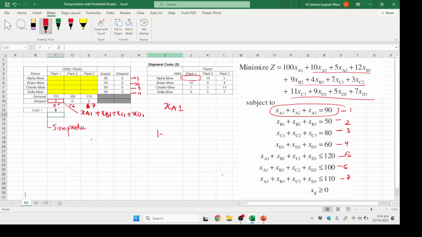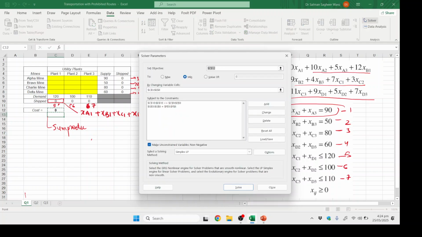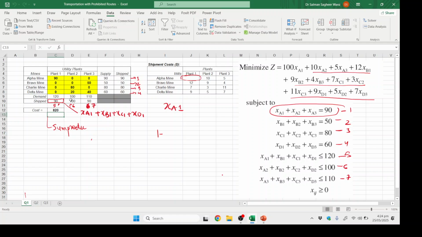Okay, so when we now go to the solver and solve it, you can see that we will get a value of around 820.